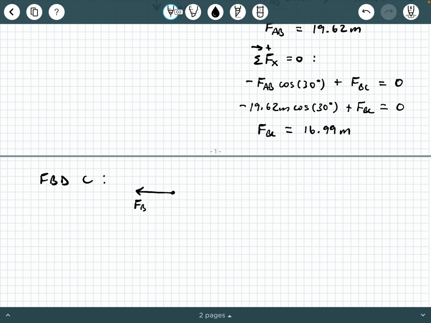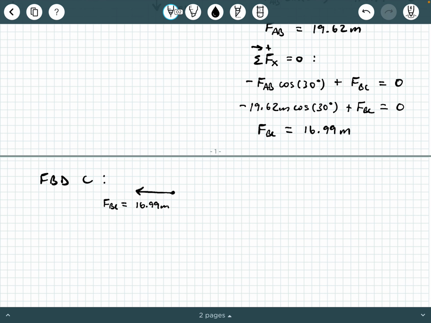That's going to be FBC, and guess what? This FBC that's pointing to the left of particle C, it's the same FBC that we just solved for. So I can go ahead and write that this is equal to 16.99 m, okay? In fact, let me write that a little bit nicer for us. FBC equals 16.99 m, okay?